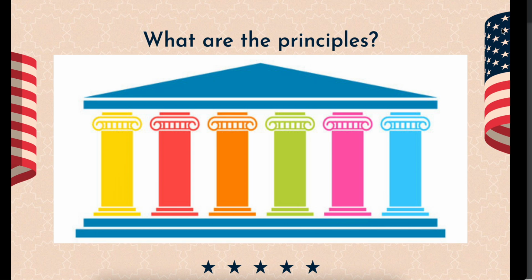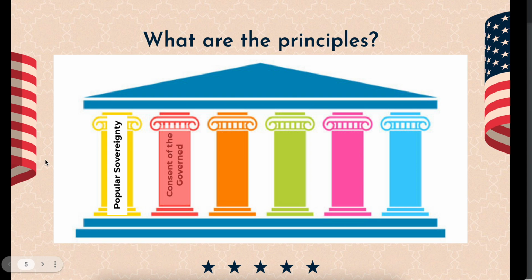Now, the principles of the Constitution. The first principle of the Constitution that I want you to fill in on your notes is something called popular sovereignty. Popular sovereignty. Fill it in where the first column is on your notes. The second one is titled Consent of the Governed. Consent of the Governed.